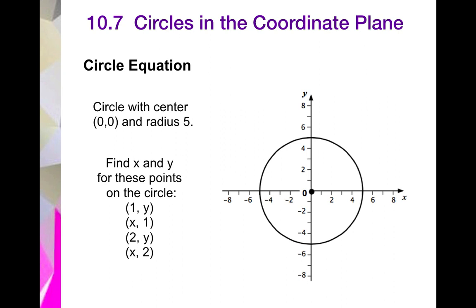So let's take a look at the circle, same center and same radius of 5. Let's find point 1, y. So if I was to find 1, y, I go over 1 here, and then I go straight up until I get to this point up here. So I'm going to write a little point here.